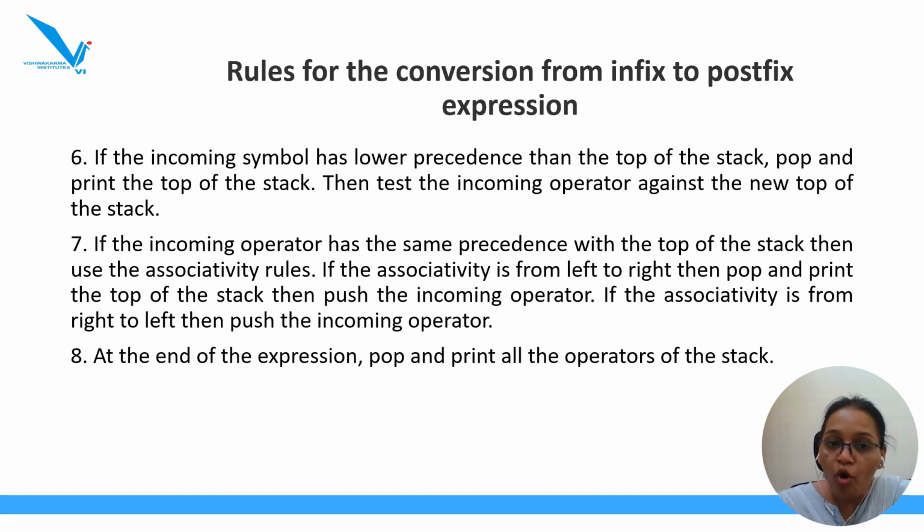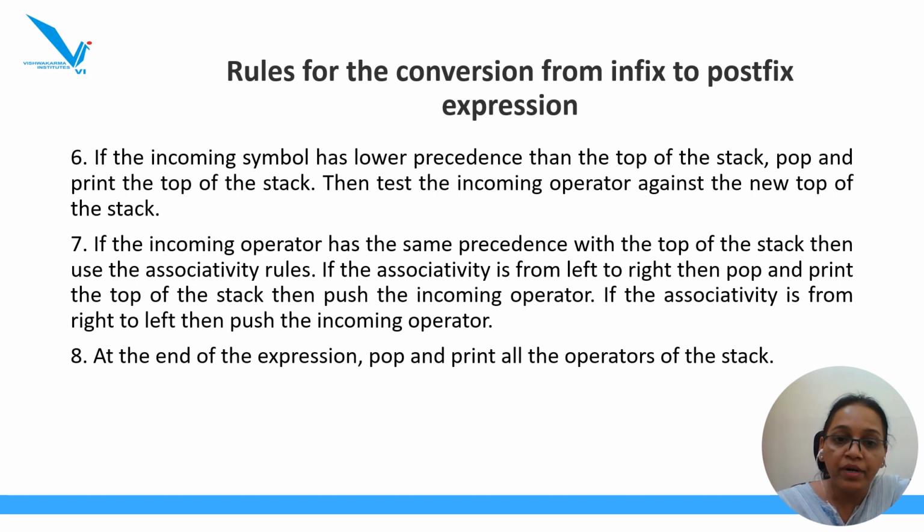You have to pop the higher precedence symbol from the stack and print it into the expression, and then test again the incoming operator against the new top of the stack. Again the same situation: you have to pop, then check again, and only if the top is of lower precedence and the incoming is higher, then you push.